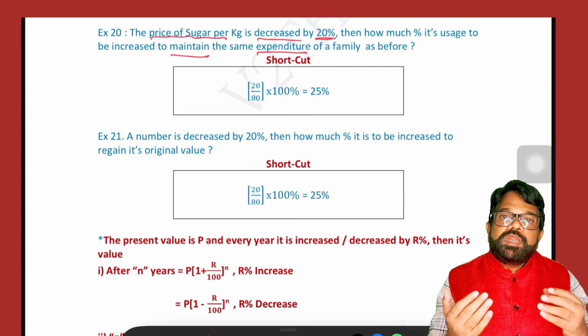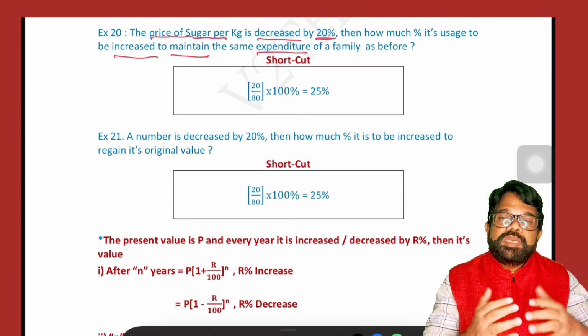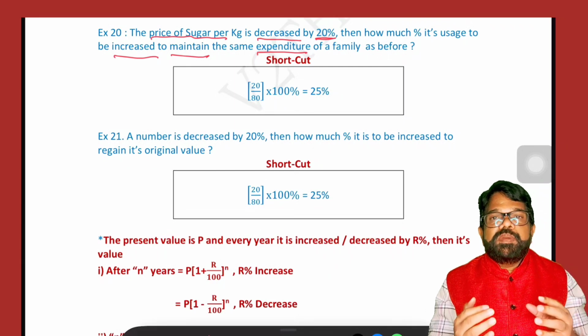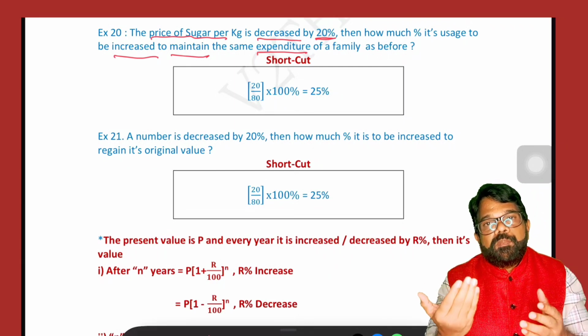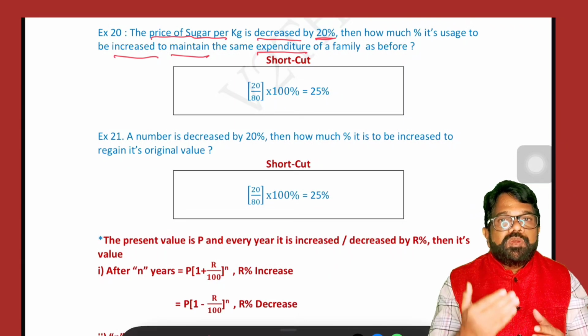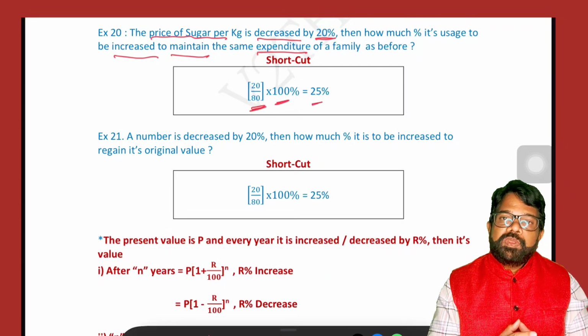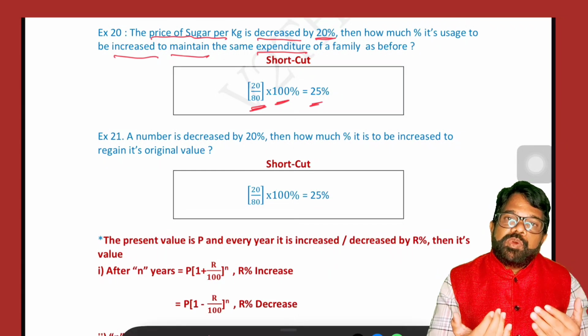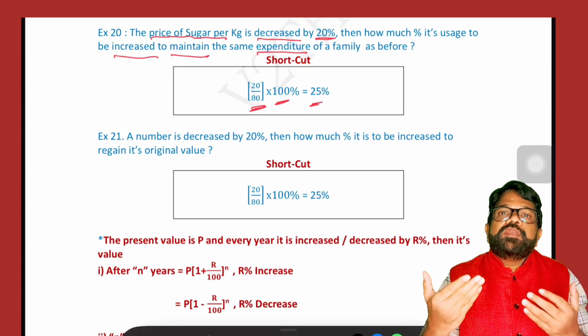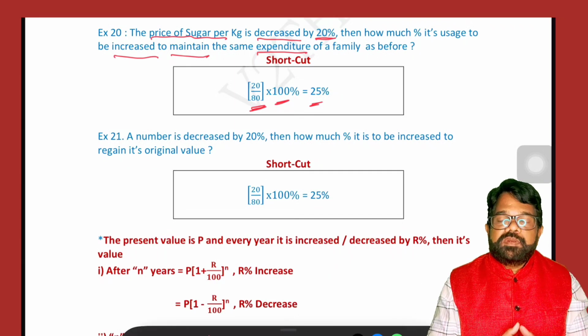You have to apply R by 100 minus R into 100%. 20 by 80 into 100, 20 gets cancelled, so 25%. So if the sugar price is decreased by 20%, its usage should be increased by 25% to balance the same expenditure.